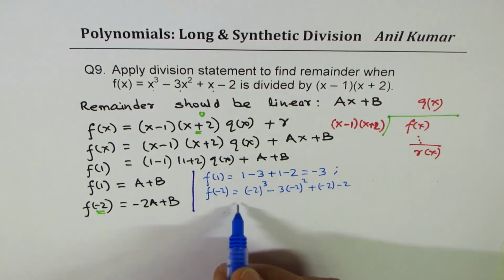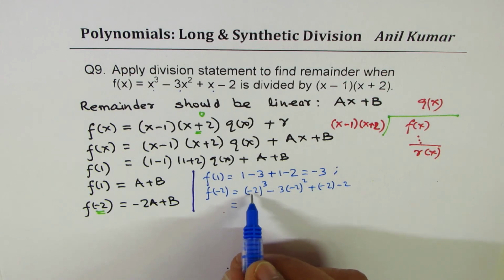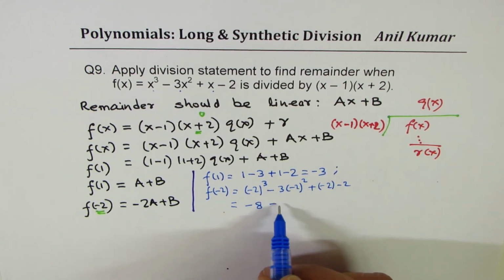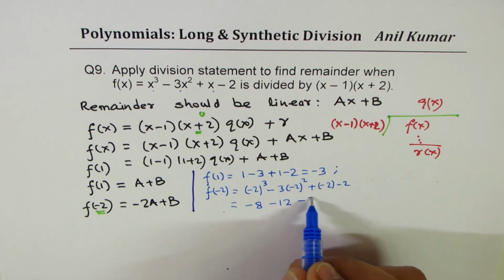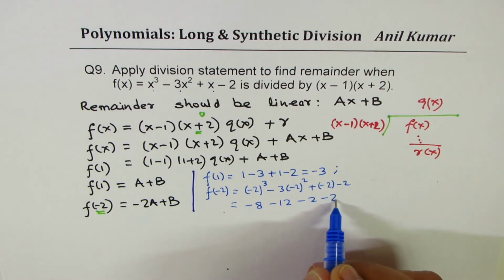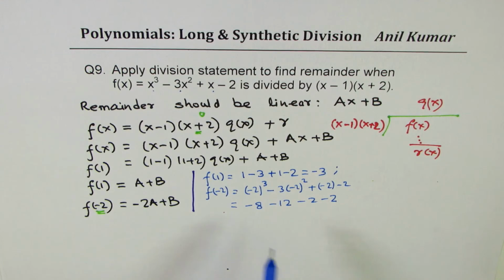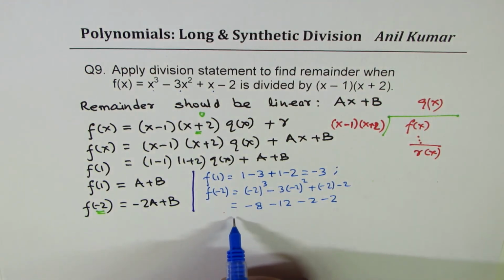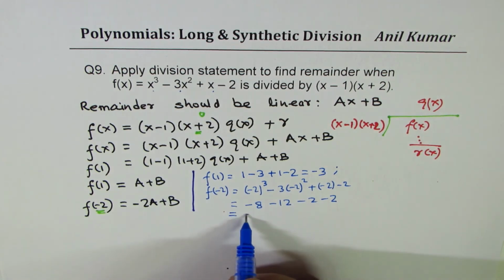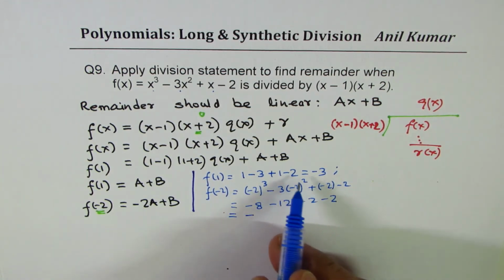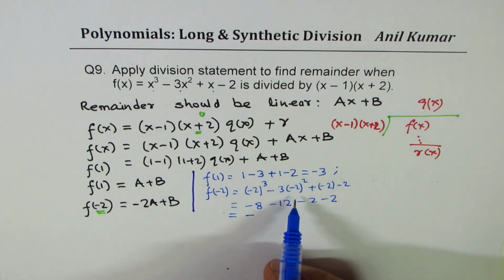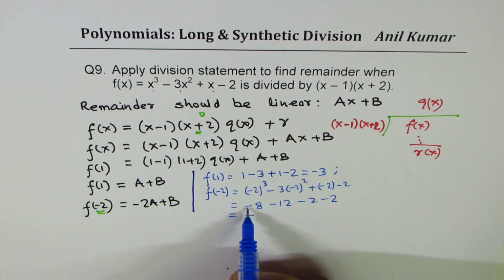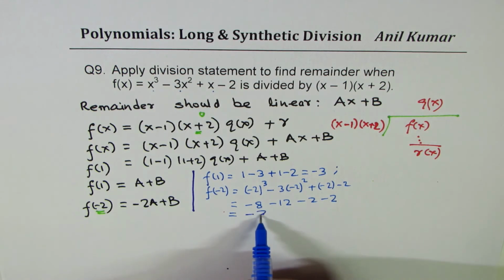That's what we get. Minus 2 cubed is minus 8, then 4 times 3 is 12, and this is minus 2. So what we get here is a negative number, minus 24, right? All are negative here, okay? So what we get here is minus 24.